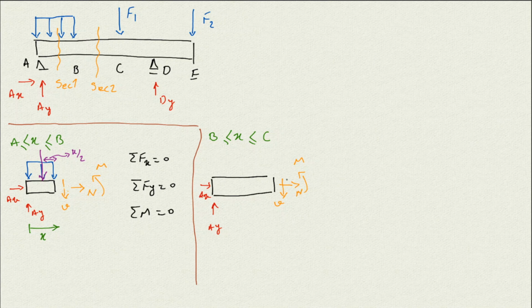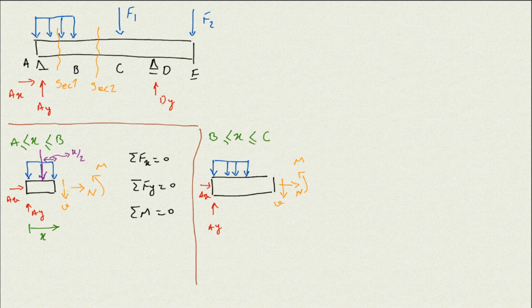So we have N, V, M. We have the force on top of that, the distributed force, and this time we have the whole distributed force, not a part of it.